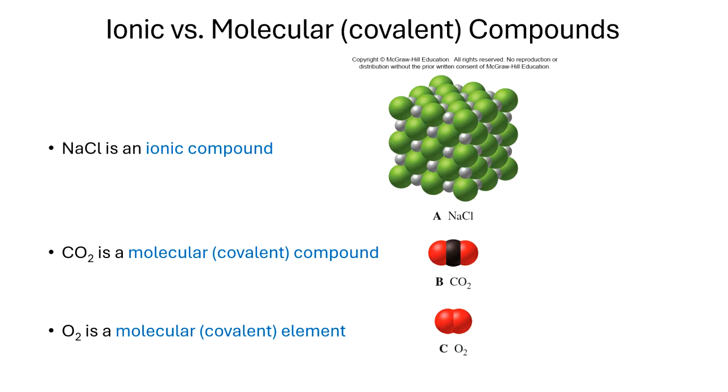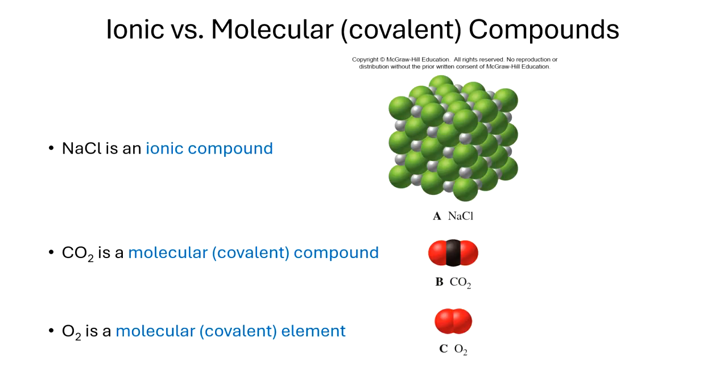So here are 3 examples of compounds. The first one is sodium chloride, and sodium chloride is an ionic compound. The sodium is the metal, the chlorine is the nonmetal. The sodium has a positive charge, the chlorine has a negative charge.